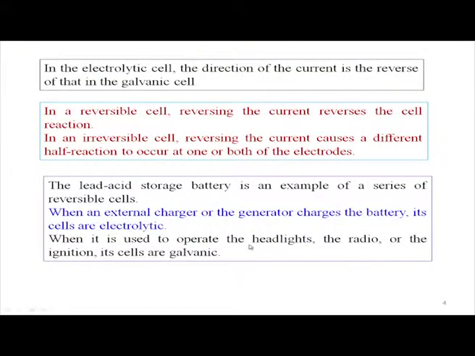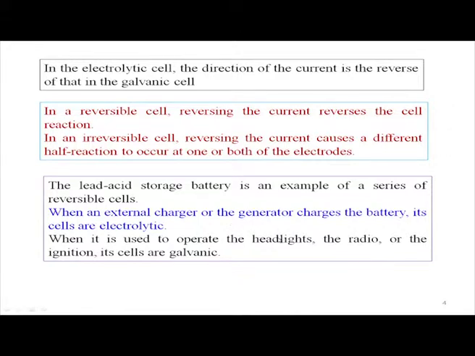When it is used to operate the headlights, the radio or the ignition, the cell is galvanic. When we draw the current, it is a galvanic cell, but when we charge it from an external source of electrical energy, the cell is termed an electrolytic cell.